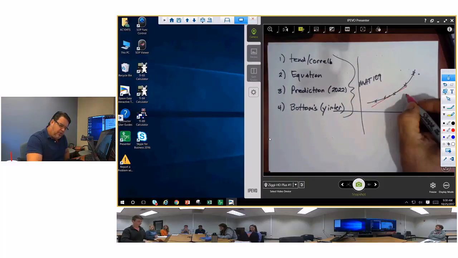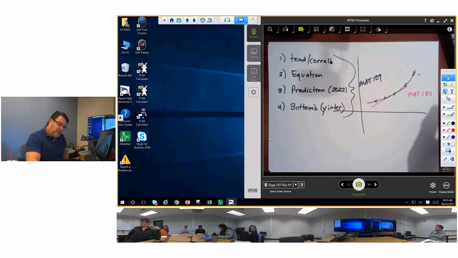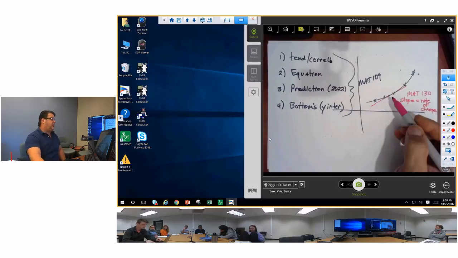Now the slope, and this is Math 130, the slope of that line is equal to the rate of what? Change.